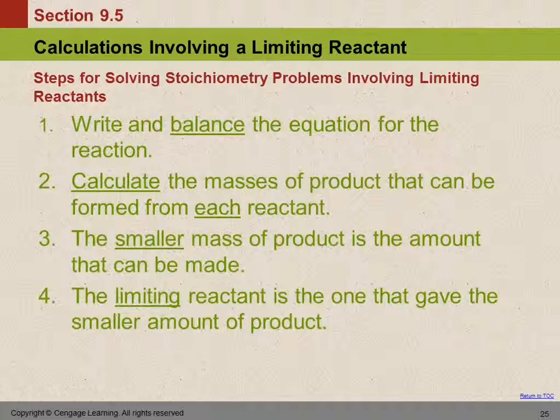So these are the steps that we're going to do for solving these problems involving limiting reactants. First we need a balanced chemical equation. On an exam, I'll give that to you. In the homework, sometimes they make you write it out and balance it. And you're like, why do we have to do that? Well, because you need to know how to do that. And if you already learned it, then it's a refresher. It's a review.